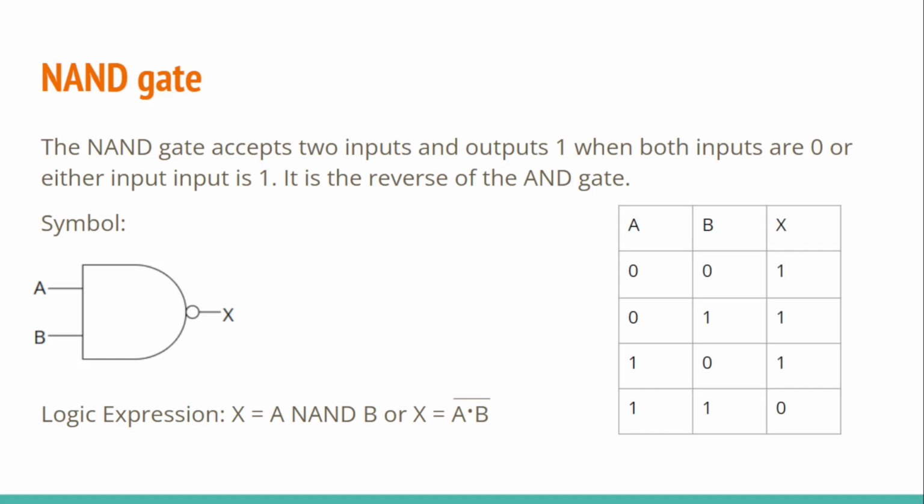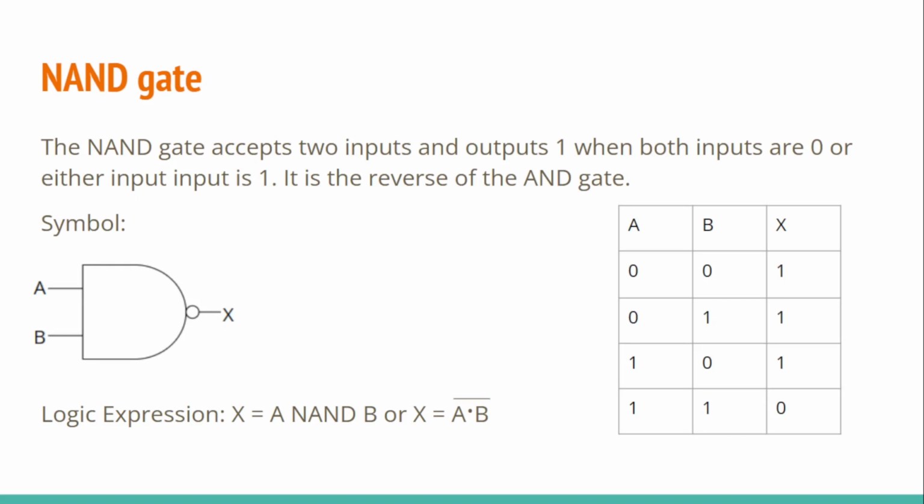It is said that the NAND gate is the reverse of the AND gate, and the symbol is similar to the AND gate symbol, except there is a NOT before the extension of the output X. And the logic expression is X equals A NAND B, or X equals A dot B all bar.